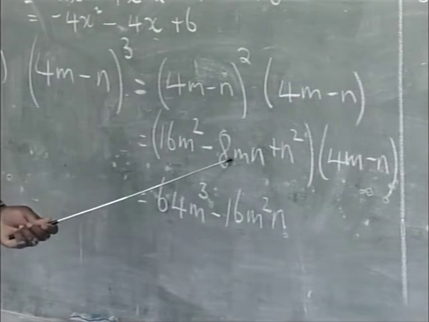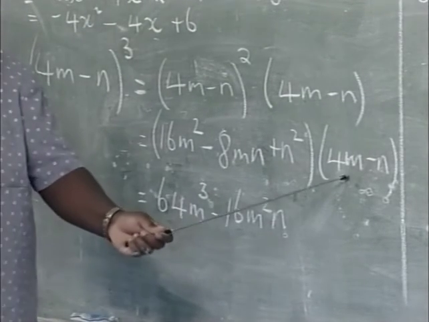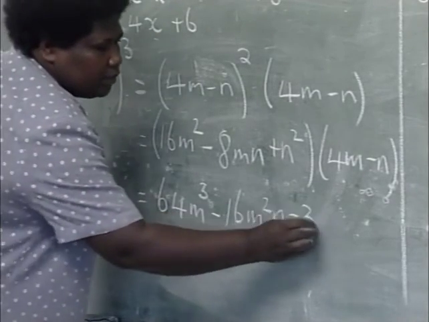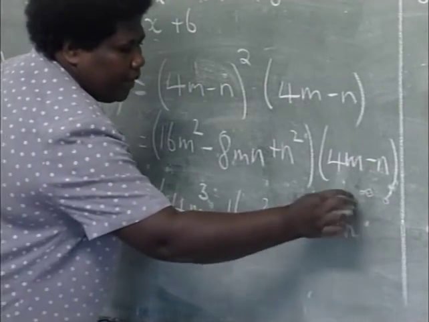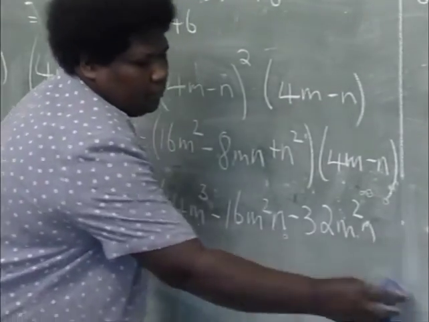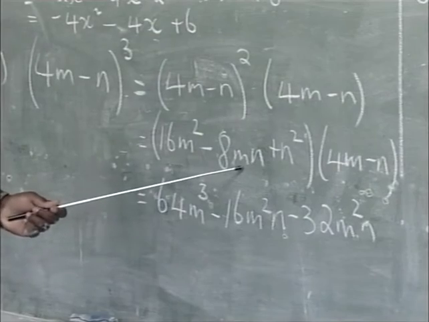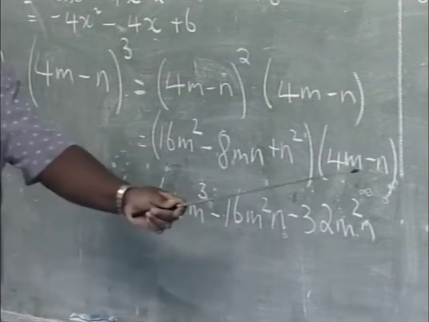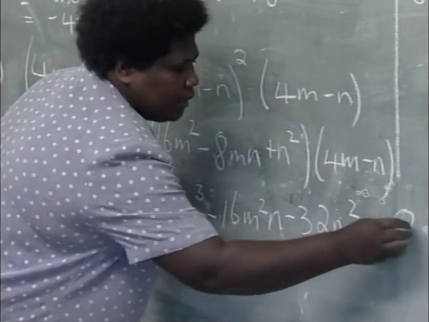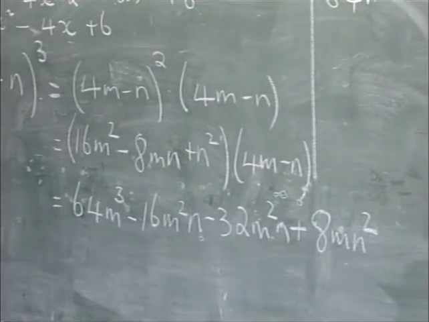Now I'm going to multiply by negative 8. Negative 8mn times 4m is negative 32m squared n. I have to multiply negative 8mn by negative n now, which gives positive 8mn squared. I still haven't finished.